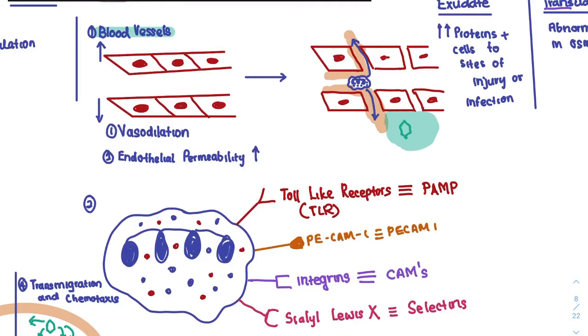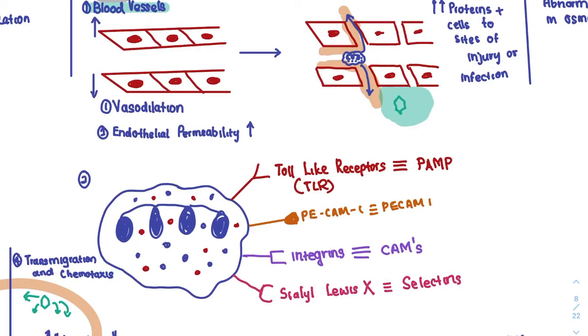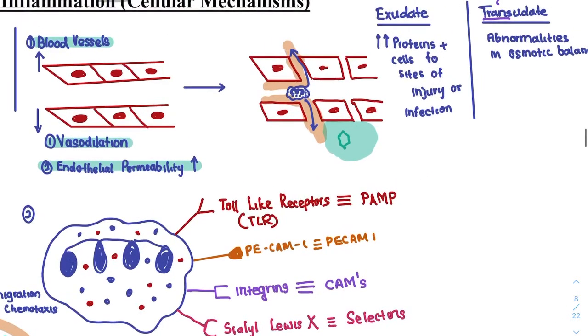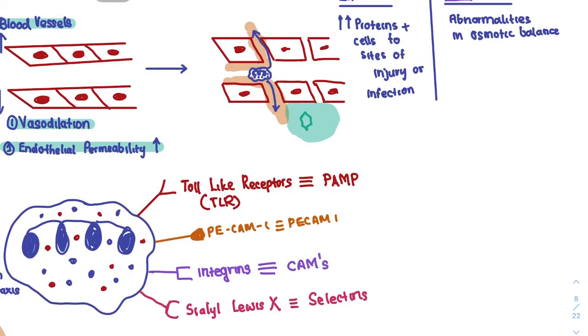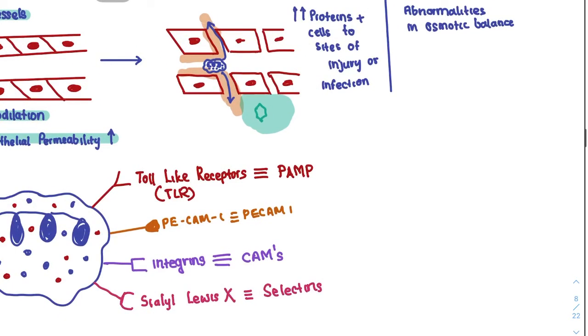Sorry, not the capillaries, the arteries and arterioles will dilate, and this vasodilation, along with an increase in endothelial permeability, is going to allow fluid containing a lot of proteins and cells, what we want here is neutrophils, to leave the vessels into the area where the infection is.